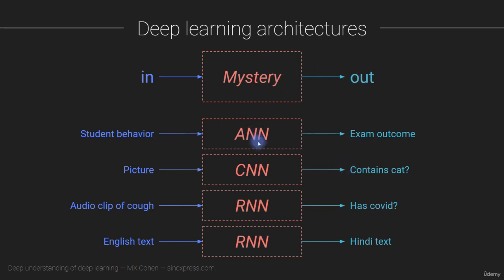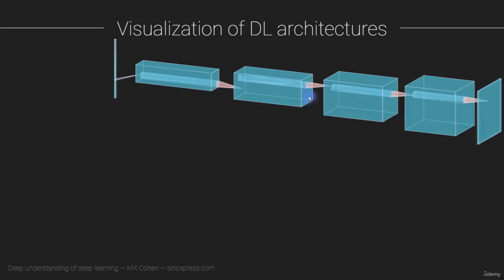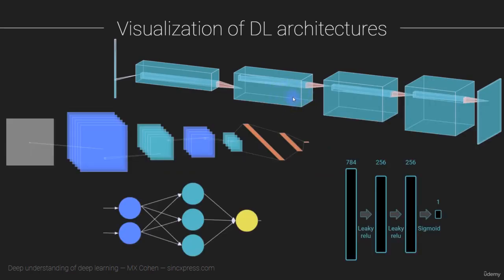So very different kinds of problems and different terms, different model architectures, but the underlying mathematical and computational principles are all the same. Furthermore, deep learning models can be visualized in a variety of ways. So different visual representations are used to illustrate the same concepts.